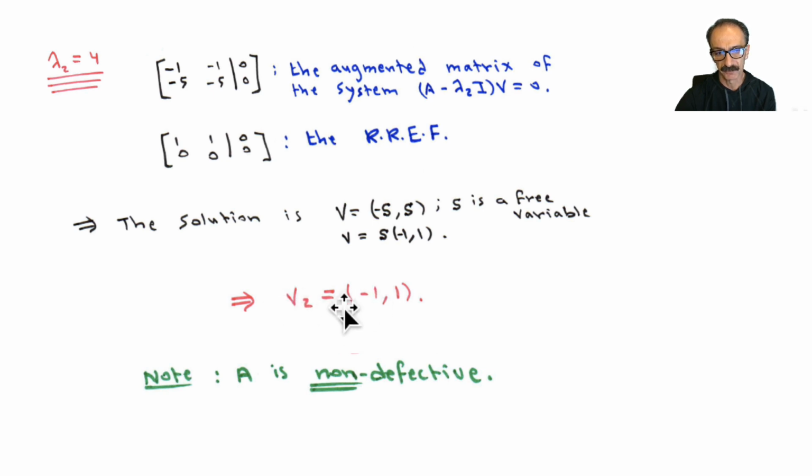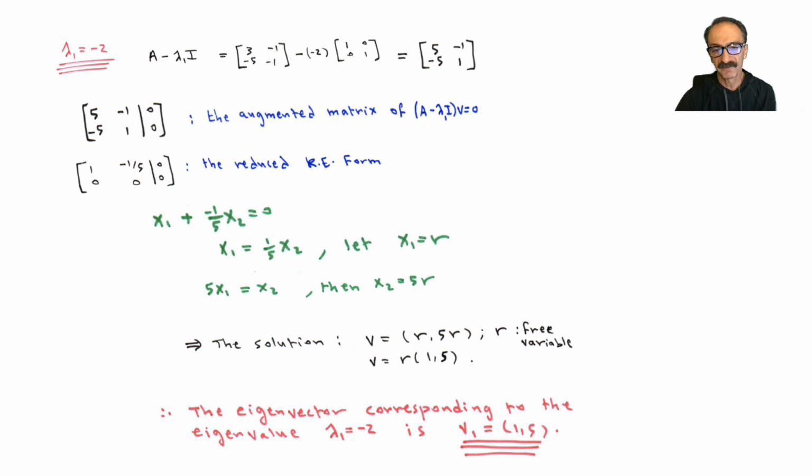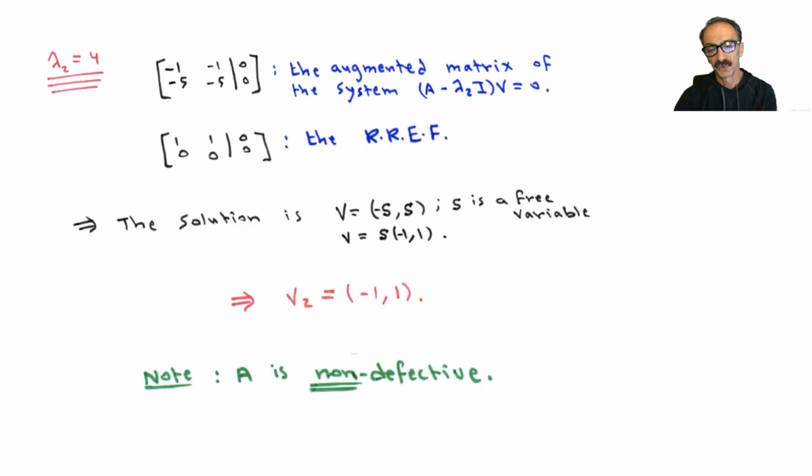This is v2. So by having v2 equals -1, 1, and v1, what was it? V1 was 1 and 5. So I have two vectors. Two vectors with n equals 2, that means non-defective.